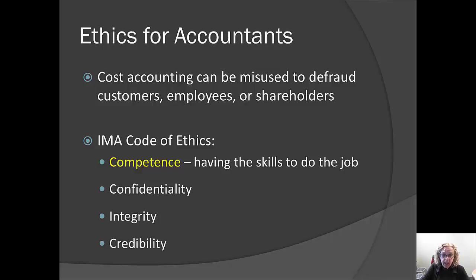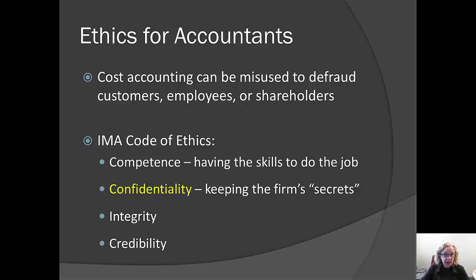Number 2, management accountants must maintain confidentiality. That is, as a management accountant, you are in a position to know a lot about what's going on in the firm, and it is your job in part to make sure you don't reveal that information.